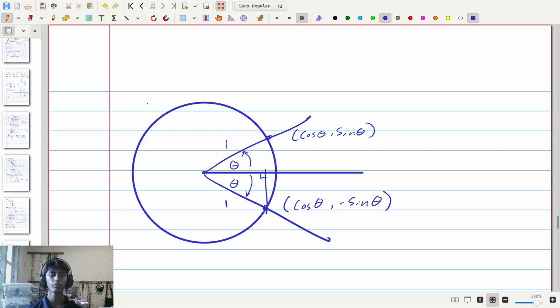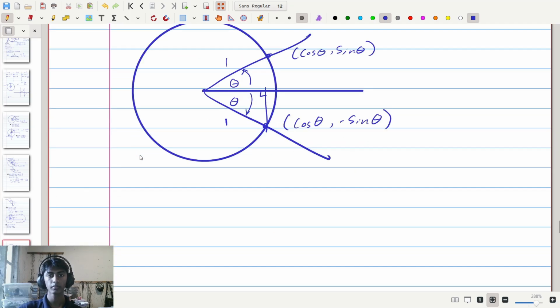So here we can see that cosine of negative theta is equal to cosine of theta, but sine of negative theta is equal to negative sine of theta.